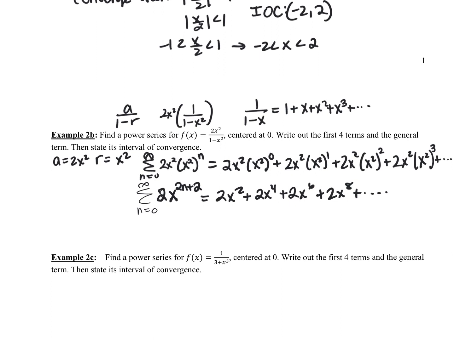So we wrote out the general term. We wrote out the first 4 terms. What else did it ask us for? Interval of convergence. How do I find the interval of convergence for the geometric series? When does it converge? When the absolute value of what is less than 1. What's r here? So if I want to find the interval of convergence, I want to know when is the absolute value of x squared less than 1.